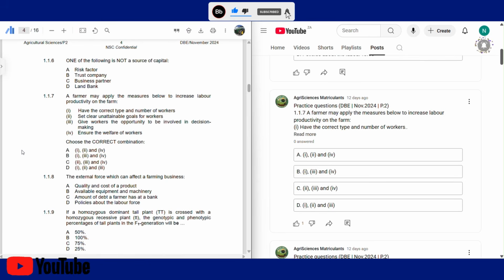Roman figure 3, give workers the opportunity to be involved in decision making. Roman figure 4, ensure the welfare of workers. Choose the correct combination: A, B, C, or D. So now we choose B.